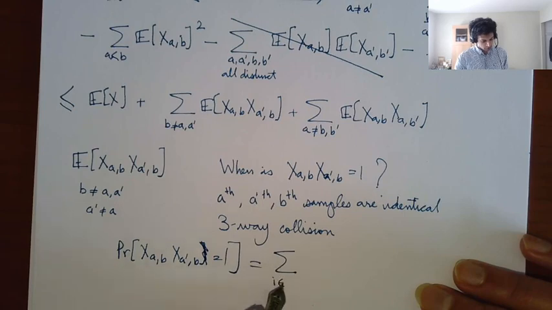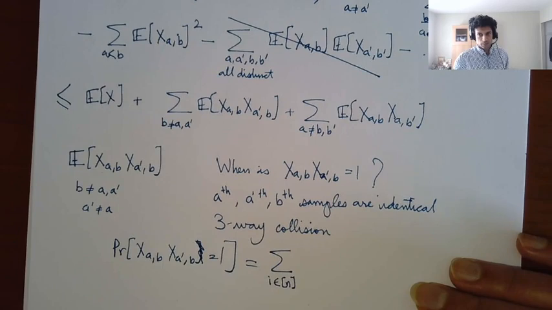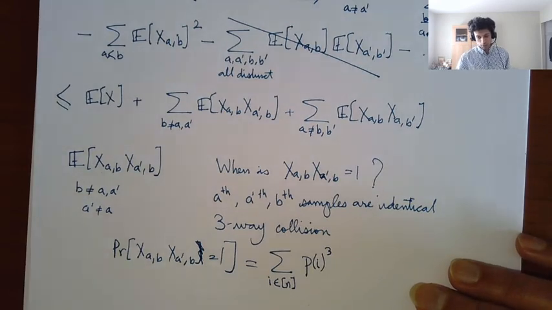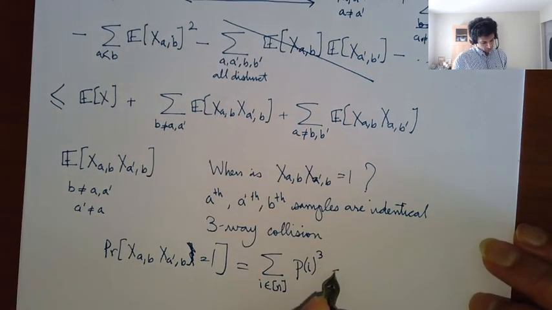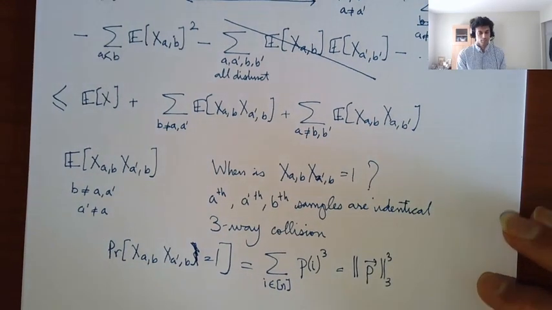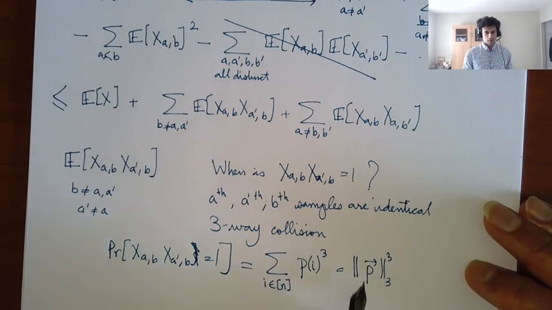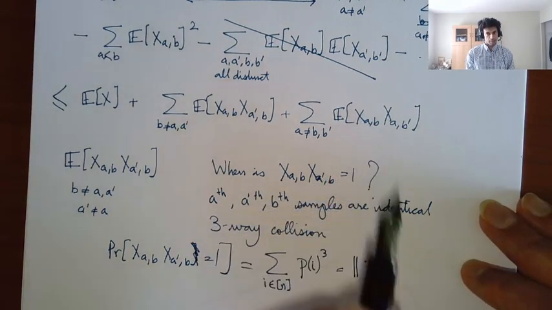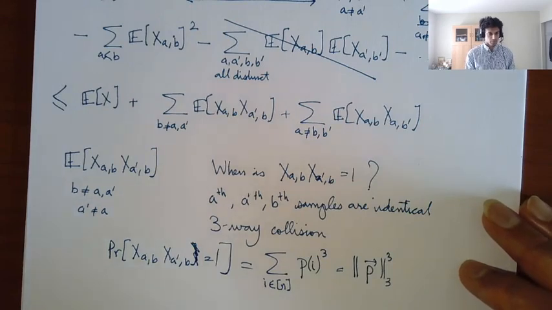Very similar to the two-way collision. You get the sum of pi cubed. Or writing it in norms, this is the cube of the 3 norm. Note that this bound of the cube of the 3 norm also holds for XAB and XAB prime. Okay, is that clear?